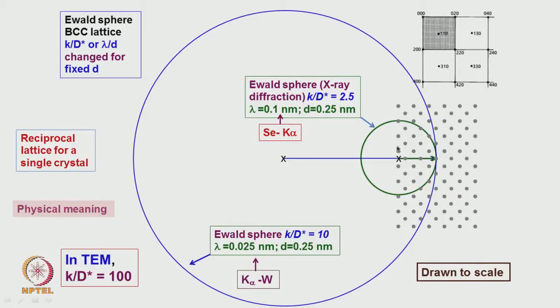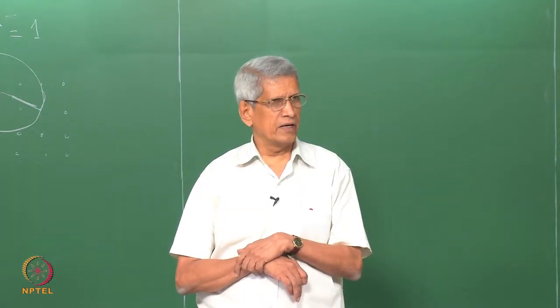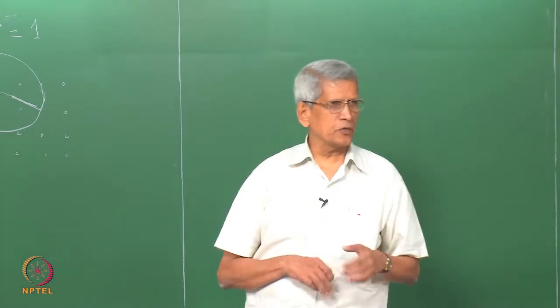So, what have I done here is, if you look at an X-ray, the wavelength of the radiation is almost of the same order as the lattice parameter, whereas in the case of electrons, the wavelength of the radiation is 100 times smaller than the lattice parameter spacing.